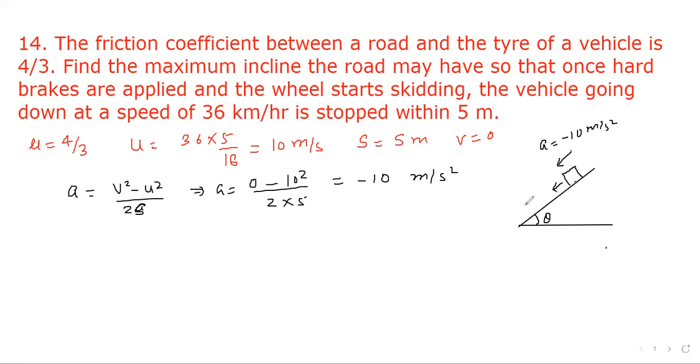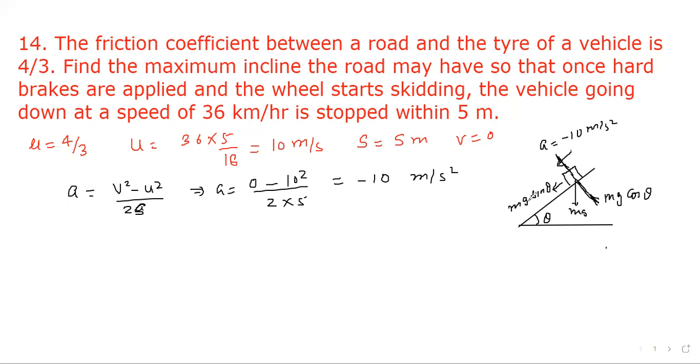So in this direction there will be mg sine theta, and the normal will be in this direction, and its weight will be in this direction mg. Here this will be mg cos theta.